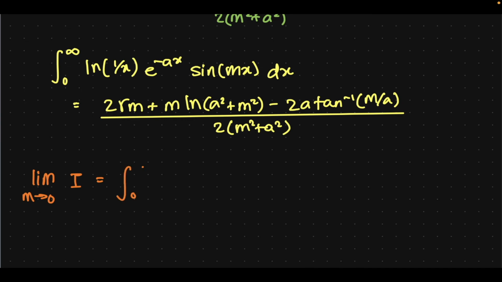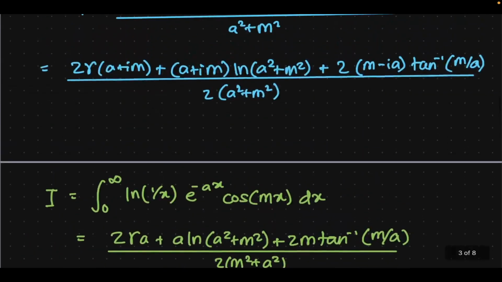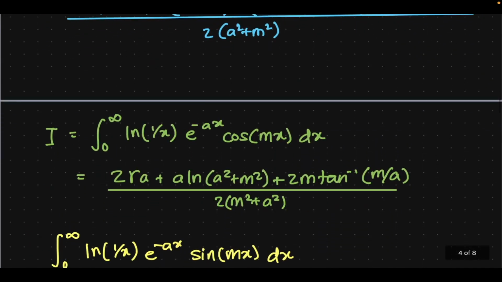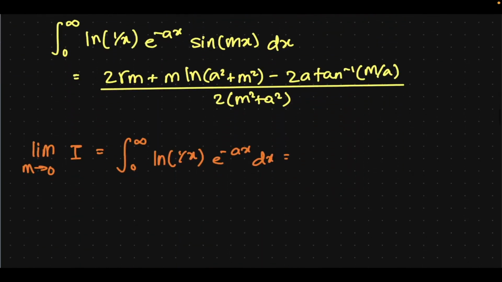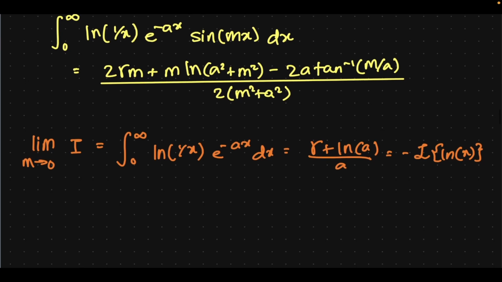That will give me the integral from 0 to infinity of natural log of 1 over x times e to the minus ax dx, which, using the definition we have and setting m going to 0, is just going to be Euler-Mascheroni plus natural log of a, divided by a. And if you notice, this is exactly the negative Laplace transform of natural log of x with respect to a.